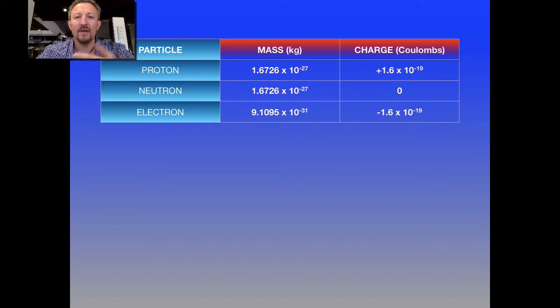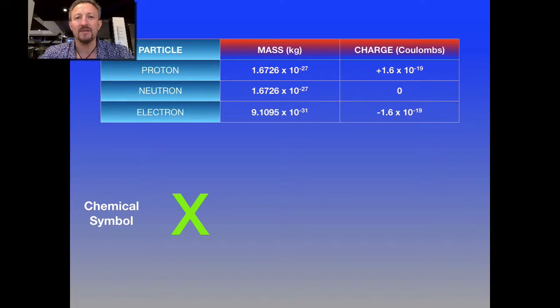Now, how do we add this into our idea of how an element or an atom actually exists? You can see down here that we've got a generic element, and we're going to give it the symbol X. We all know that the symbols of the elements are denoted with letters.